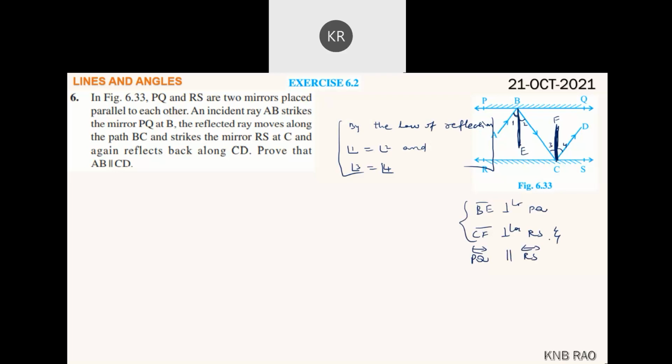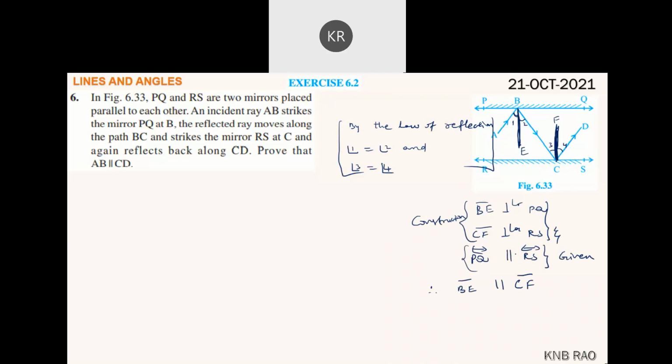This by construction, extra construction we did. This one by given. Therefore, two lines perpendicular to the same parallels will be parallel to each other. So BE parallel to CF it becomes.